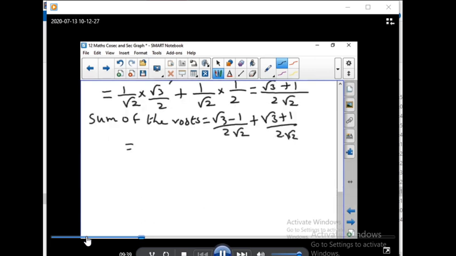In the numerator we add, so minus 1 plus 1 gets cancelled. So we get 2 root 3 by 2 root 2. The 2 gets cancelled, so we get root 3 by root 2. Now we have to rationalize the denominator, so we multiply both numerator and denominator by root 2.